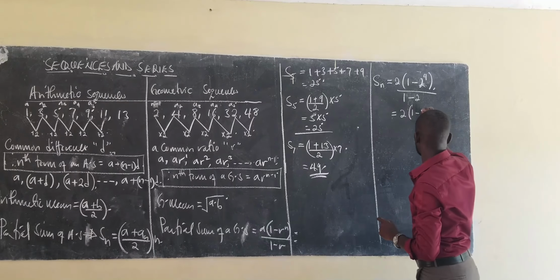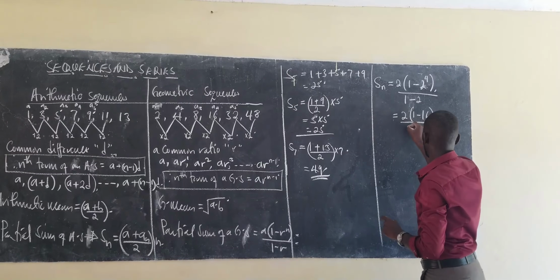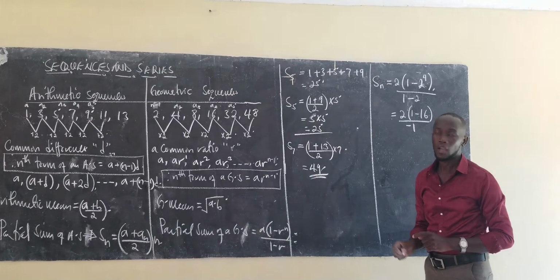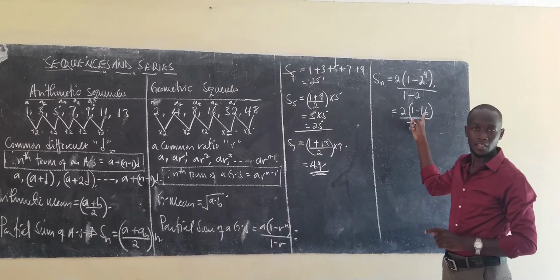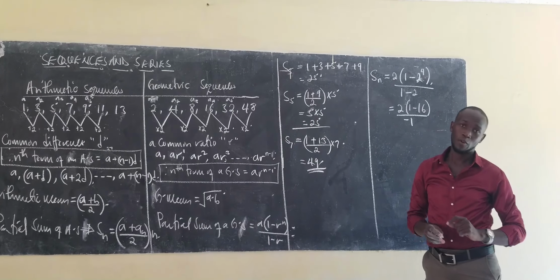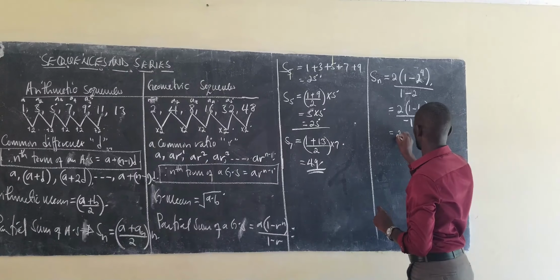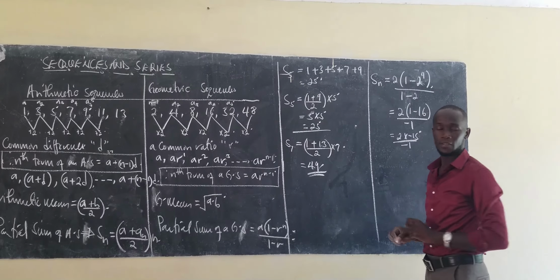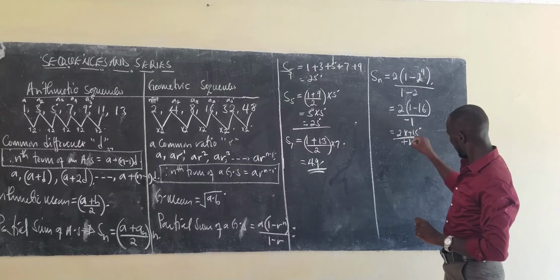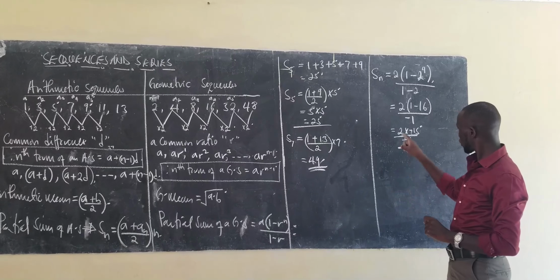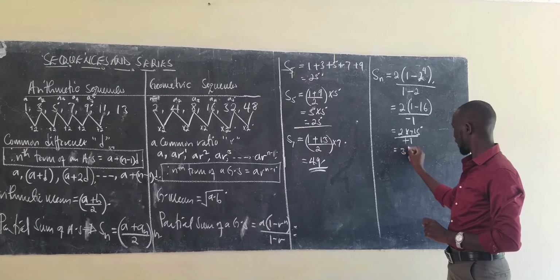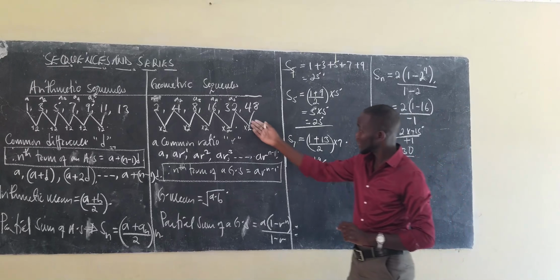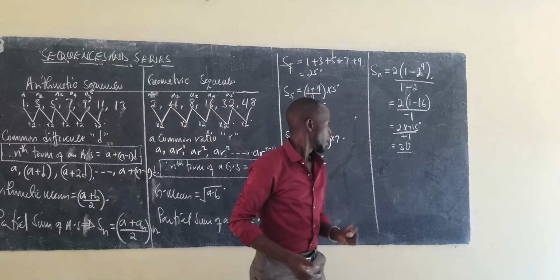So it will be minus 16 divided by negative 1. 1 minus 16, you get negative 15. So we shall have 2 times negative 15 out of negative 1. The negative cancels out with the negative to form a positive. So 2 times 15 practically gives you 30, just like someone who added these ones individually.